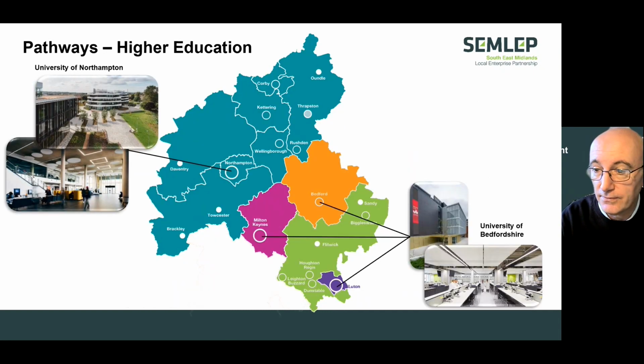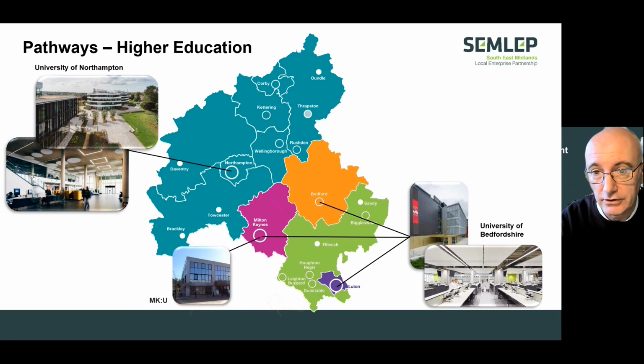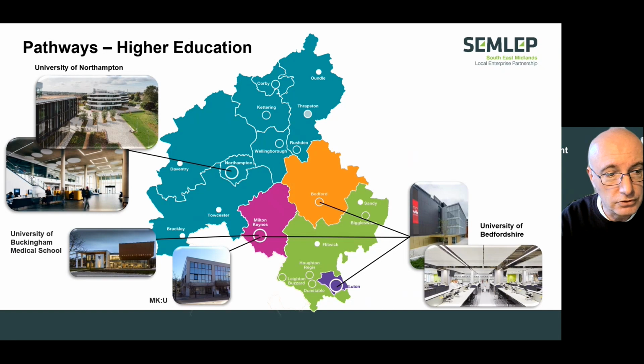And higher education is very relevant to the marketplace. The University of Northampton and the University of Bedfordshire offer some very practical, sensible courses. Plus, if you stay local, the biggest cost of going to university is the living costs, and if you can reduce those, that's to your benefit. We have a new university in Milton Keynes, MKU, just offering degree level apprenticeships at the moment, but that will expand going forwards.